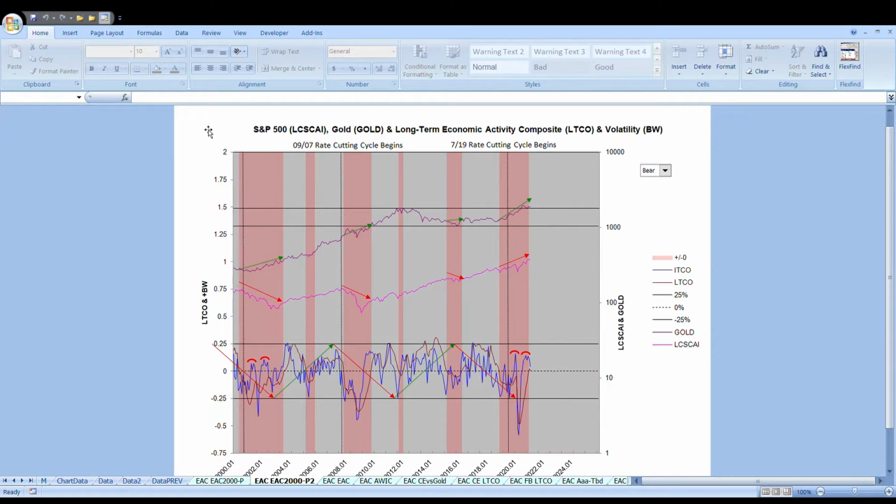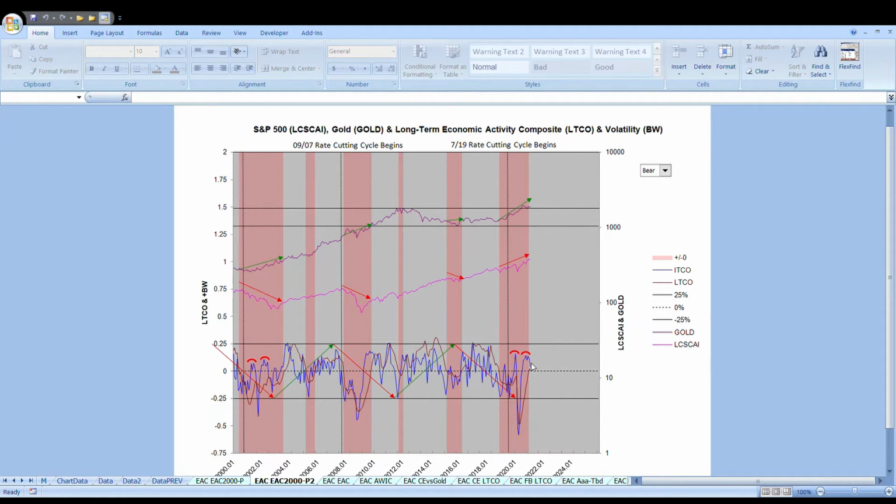This next chart, which is also accessible within the matrix, includes the same information, except this one has the intermediate trend oscillator, which is this blue line. This tends to move faster than the long-term oscillator. And what you can see is even though we broke above zero with the long-term oscillator, the intermediate one is already starting to fall again.